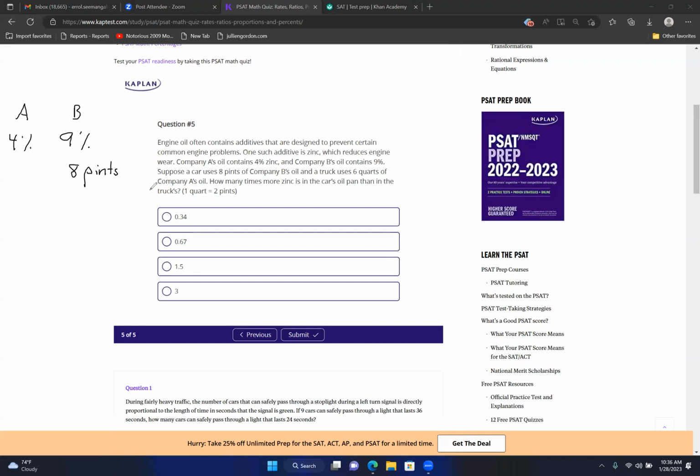And a truck uses 6 quarts of Company A's oil. How many times more zinc is in the car's oil than in the truck's? So this is the car here, and this is the truck. All right, so how do we do that one?